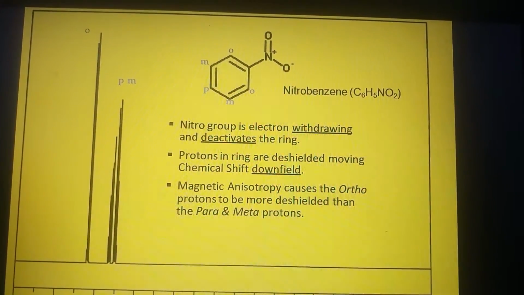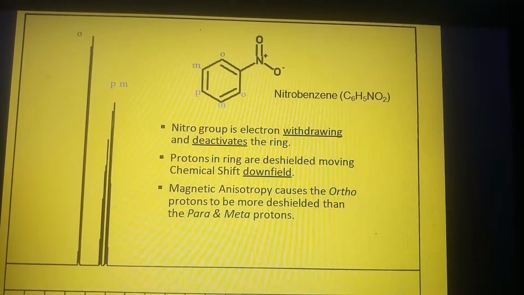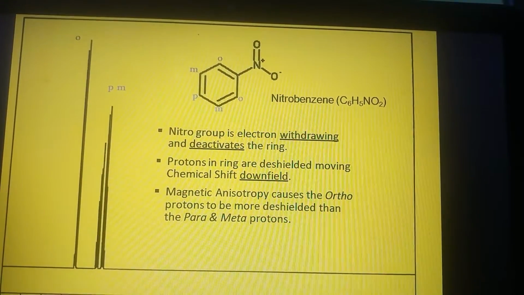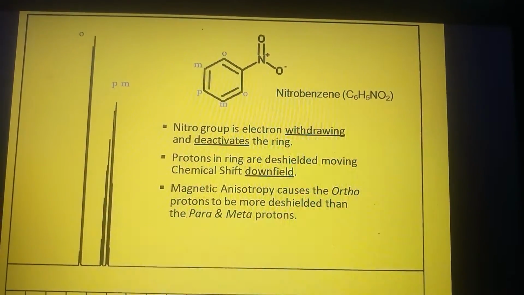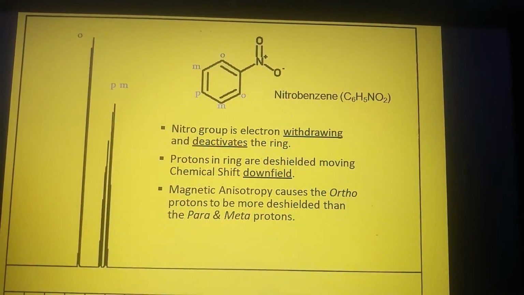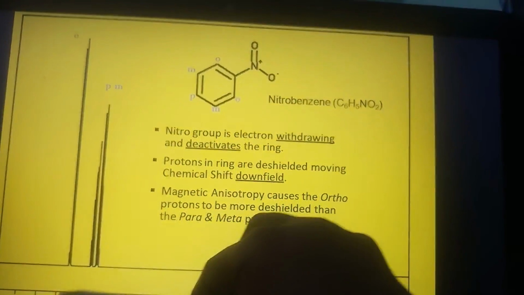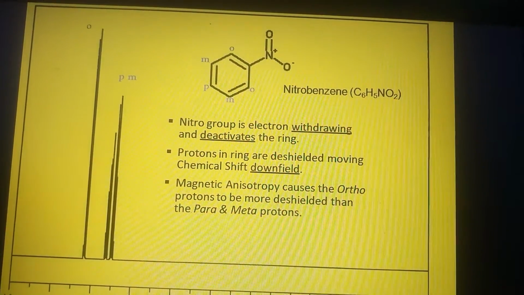It is the spectrum of nitrobenzene. The nitro group is electron withdrawing and deactivates the ring. Protons in the ring are deshielded, moving the chemical shift downfield. Magnetic anisotropy causes the ortho protons to be more deshielded than the para and meta protons. So the two ortho protons will appear above 8 ppm.